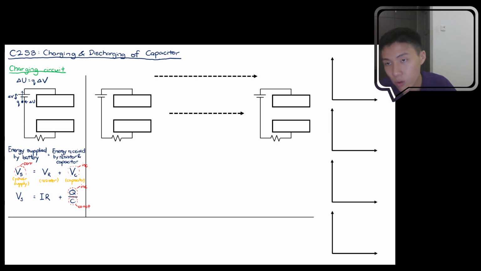So if the voltage of the power supply is a constant value, that means the left hand side is constant. So if the right hand side has one term which is increasing, the other term will have to be decreasing, so that the sum of it will still be a constant value. If the voltage of the capacitor increases by 5 volt, the voltage of the resistor should decrease by 5 volts, so that the sum still remains the same. So you know that this VR over here will most probably be decreasing.